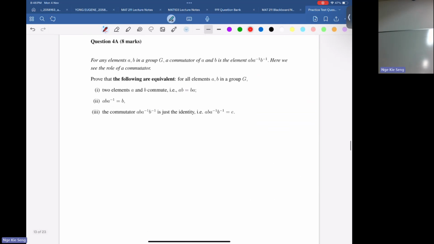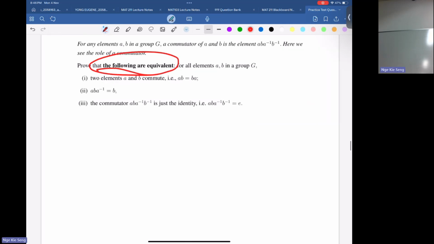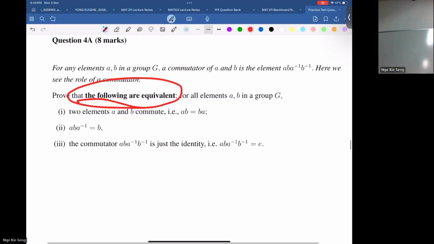Okay, 4. Prove a TFAE statement. The following are equivalent. Okay, what do you do? What do you need to do if you want to prove a TFAE statement here? You don't even need to read these statements, you should already know what to do. There are three statements here.